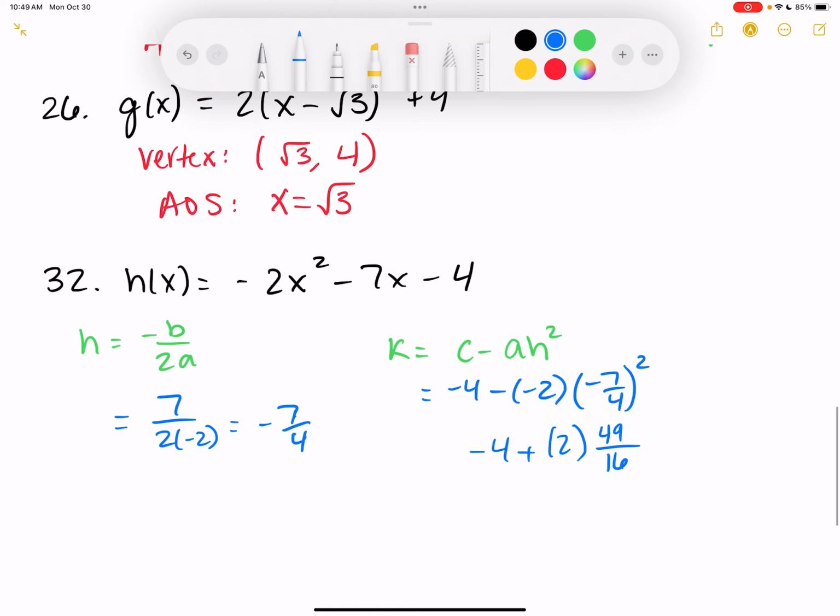Negative times negative is positive. So this is going to be 49 over 8. Then I'm going to convert this to save a step. Multiply by 8. That's going to be negative 32 over 8 plus 49 over 8, which is 17 over 8.